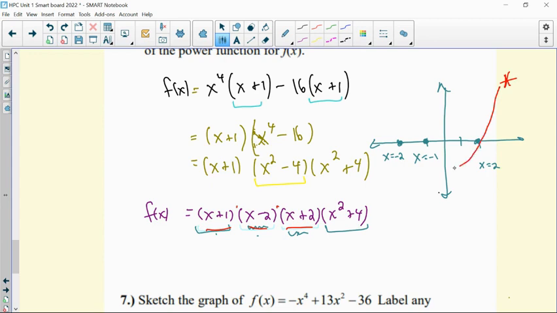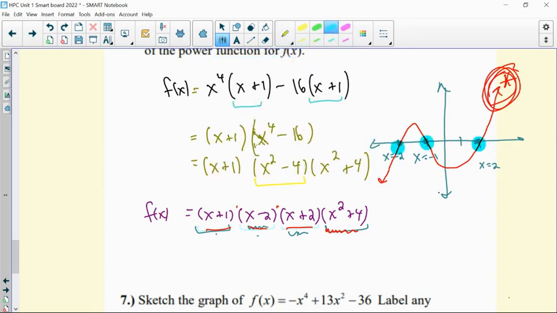I don't know how low it's going to be, but as I come back up here and go back down there and end. And you might be wondering, what does this x squared plus 4 do? Well, it doesn't affect any behavior in terms of the end behavior. So I know it still starts up here. It doesn't do anything to affect the local behavior at the x-axis.